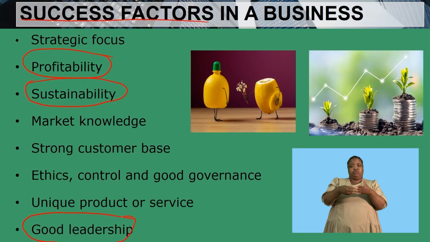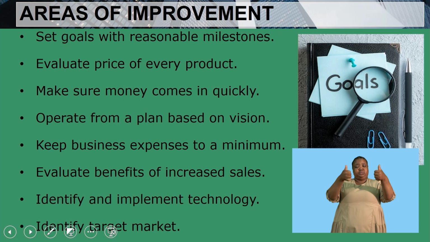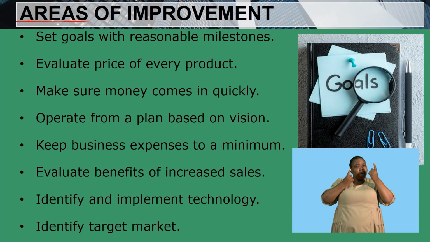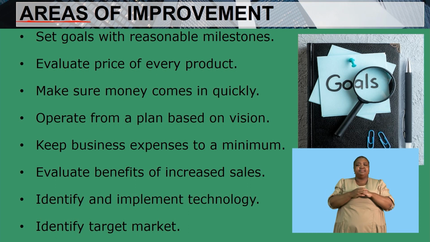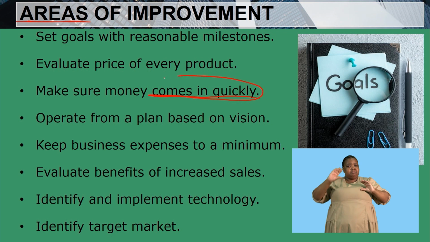We must also have good leadership, which will help you to run your business successfully. And as a business, you must be able to notice that you are always going to have room for improvement. Now, there are certain areas of improvement that you can consider when running a business, which speak about making sure that money comes in quickly.